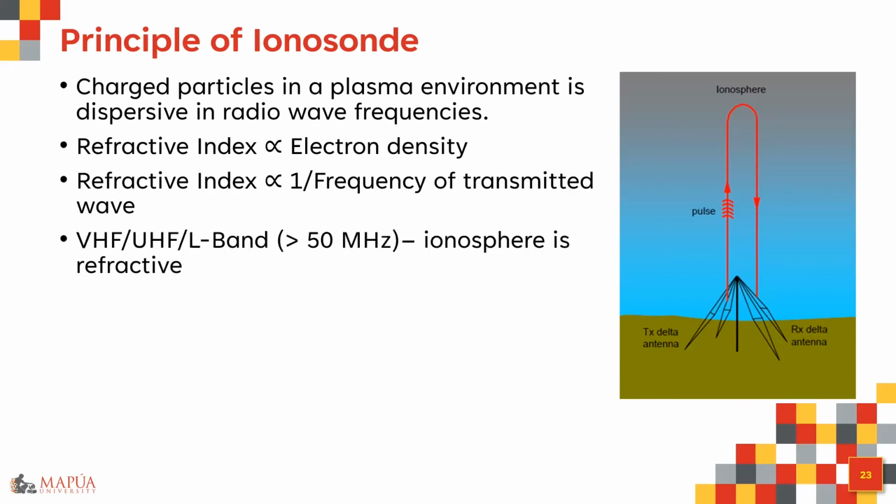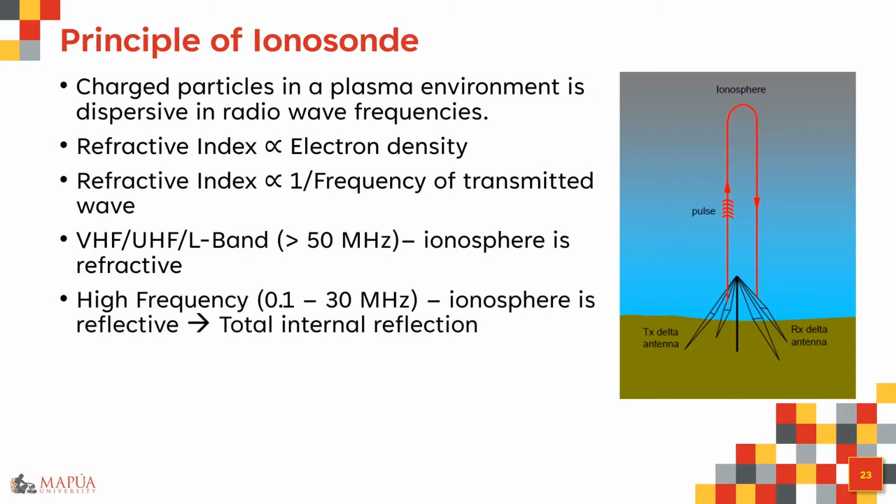As I mentioned earlier, at around 550 megahertz or more, the ionosphere is refractive, so these radio waves can pass through. But the ionosonde uses high frequency bands, around 0.1 to 30 megahertz, wherein the ionosphere is reflective. At these frequencies, we use the total internal reflection principle, which you already know by heart.